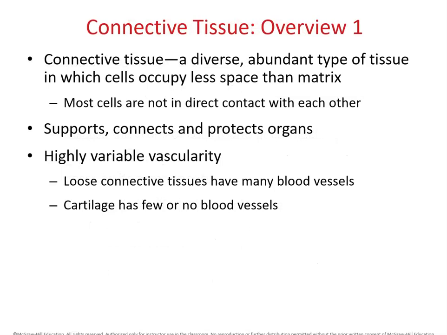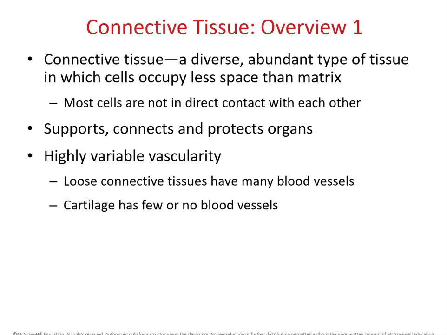Okay, so starting off with kind of the big picture here, connective tissue is diverse, and that's part of what makes this section so challenging. We're talking about all of the connective tissue, which includes things like bones, but also blood and adipose or fat tissues.